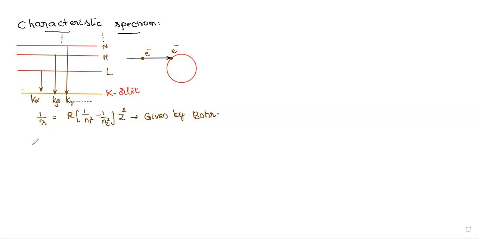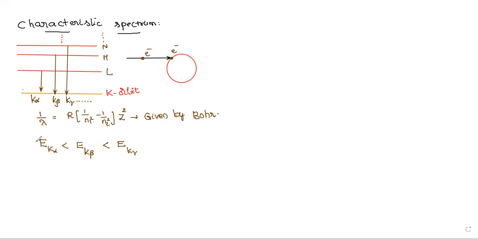Here you can say that the energy of the K alpha line is less than the energy of the K beta line, which is less than the energy of the K gamma line in the spectrum.